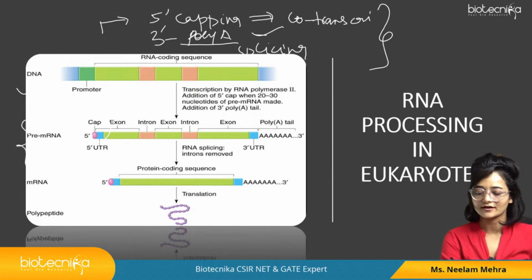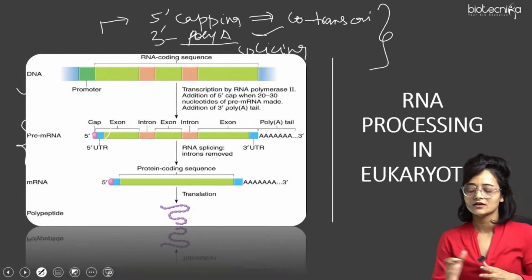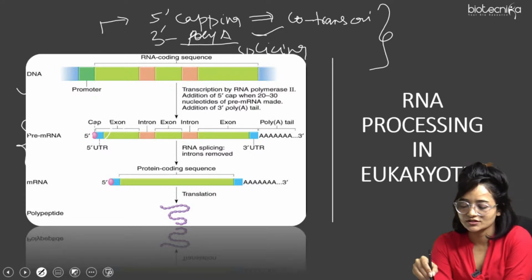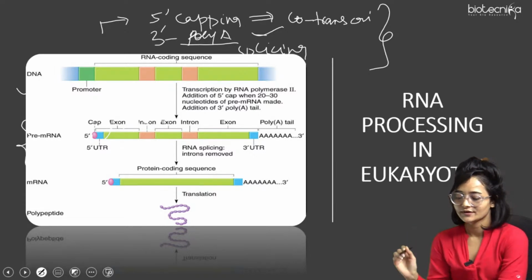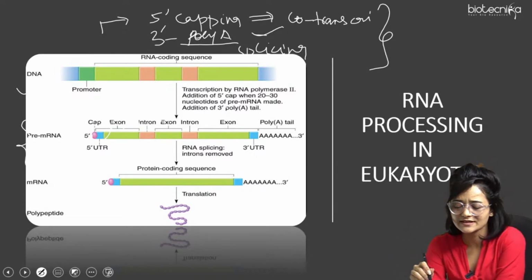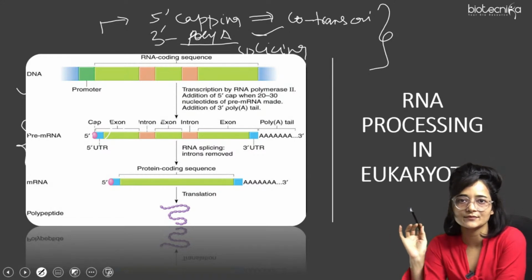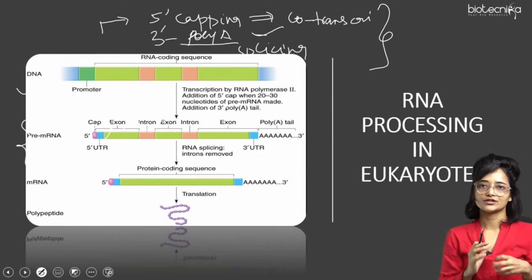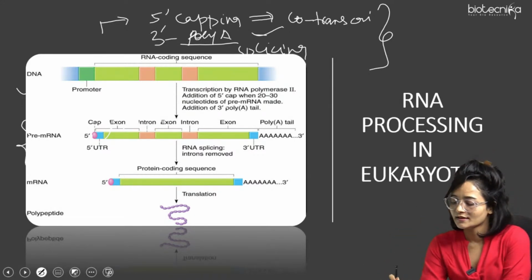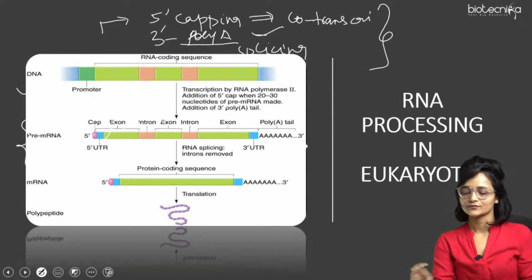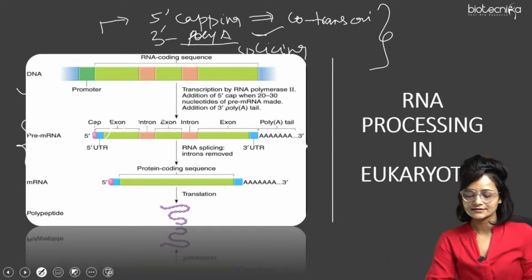So in the pre-mRNA, what all things can you observe here? At the 5' end, there is a cap present. Then there is an exon region, there is an intron region, right? So introns are basically the non-coding regions which are to be removed. For that, the splicing activity takes place, right? The introns are removed and all the exons are joined together. Then the 3' poly-A tail is formed at the 3' end, right?